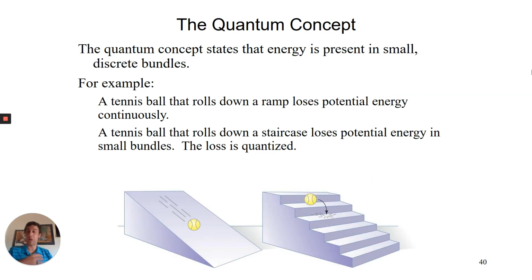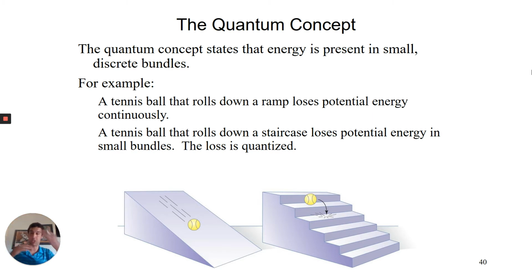So if we're going to look at a quantum concept, we can use this as an example for a tennis ball, okay? At the top of a ramp, when we let go of it, that tennis ball exists at every single interface. It can touch the ramp at all heights. But if we look at the stairs, it can only touch the stairs at steps. It can't exist at a half step.